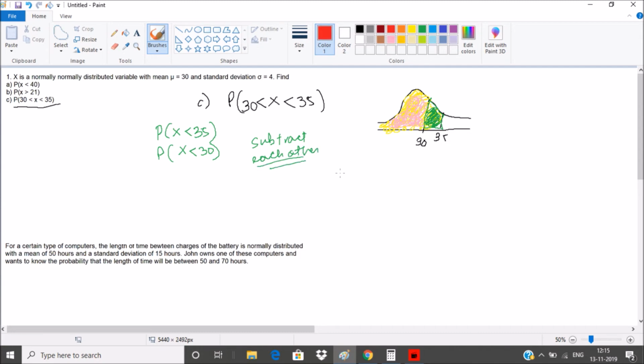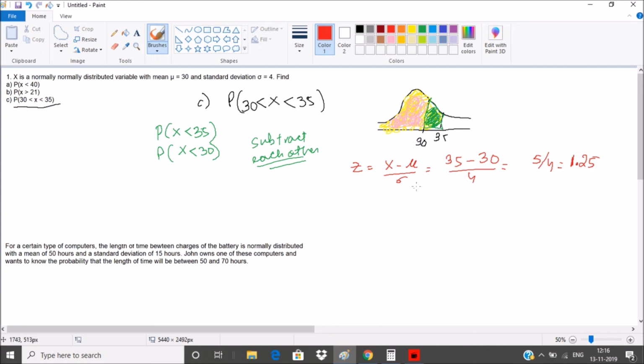Let's take z is equal to x minus mu upon sigma, and then we put 35 minus mu, which is 30, and a sigma of 4, which gives us 5 upon 4, which gives us 1.25, right?